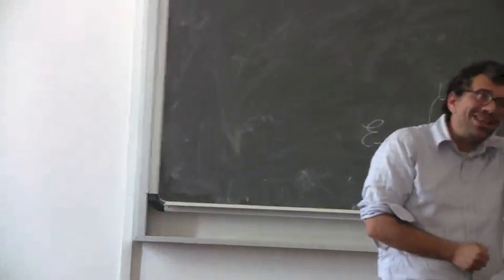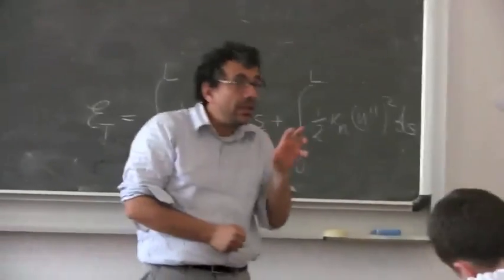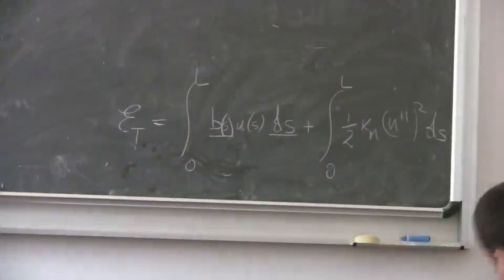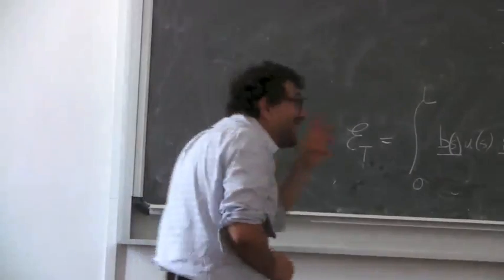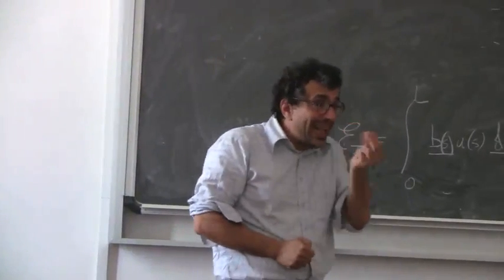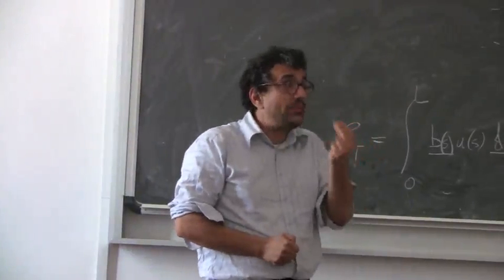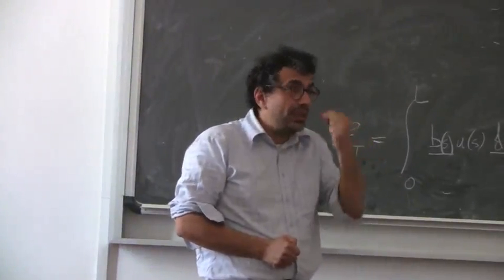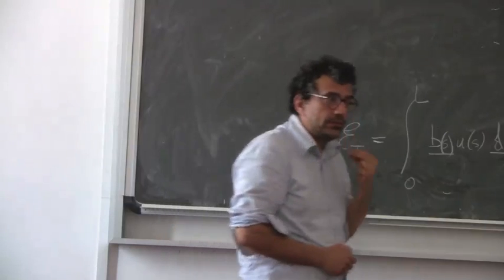So the domain of our functional is a set of functions. This is the delicate point, and this was the crucial block in the mind of Euler.